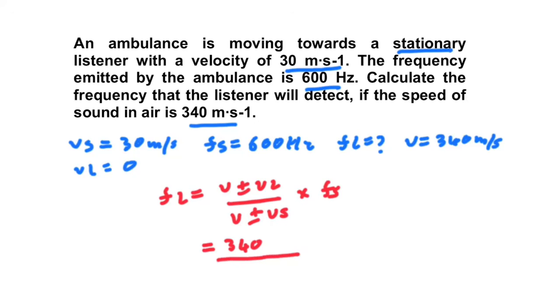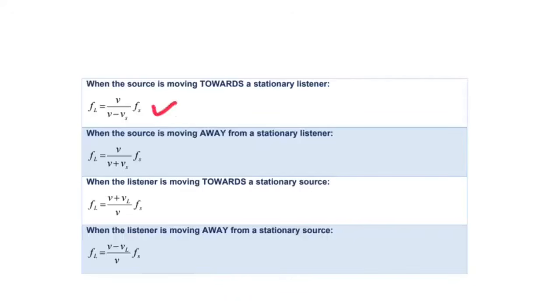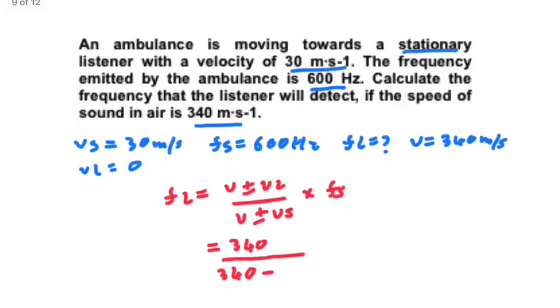Everything divided by V, the speed of sound in air, 340, plus or minus the velocity of the sound source, the ambulance. The ambulance is moving towards the stationary listener with a velocity of 30 meters per second. So we're going to have minus 30. We're supposed to have plus or minus VS. Because it's moving towards, we have minus. You can see here in our first scenario that if we have a source that is moving towards the stationary listener, we have minus VS on the denominator. Let's carry on.